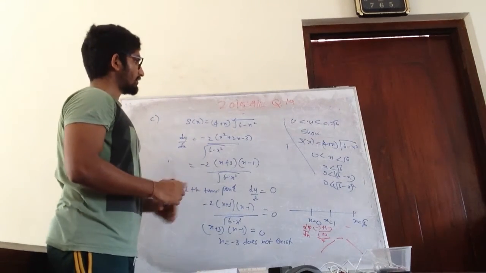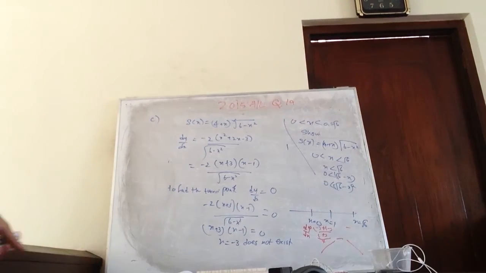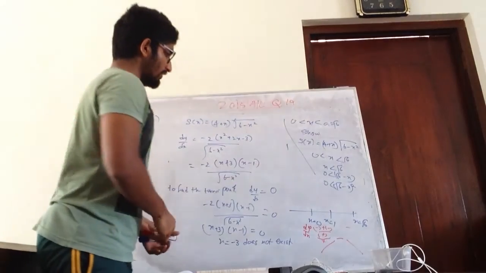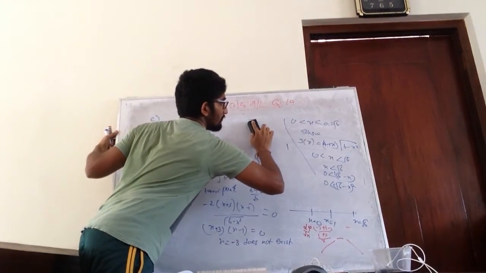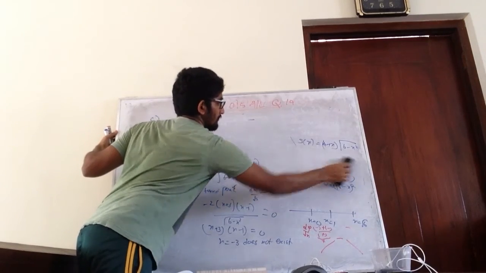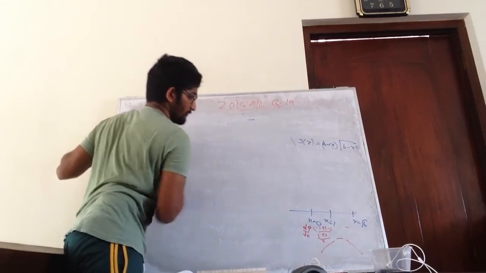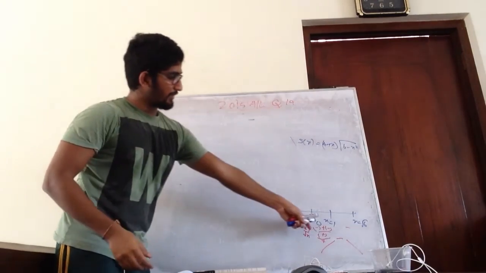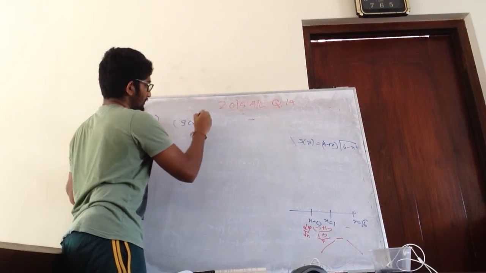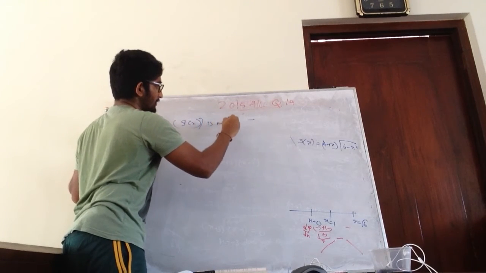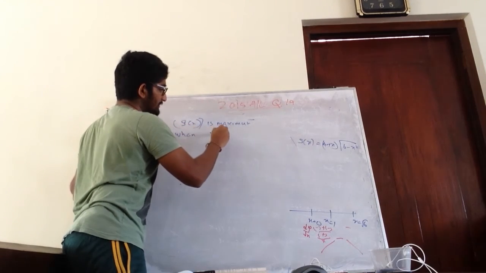So write this down. Alright, so we found x equals 1. So S of x is maximum when x equals 1.